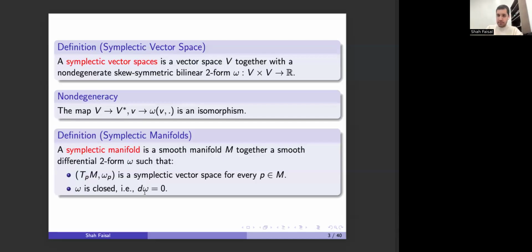Otherwise, it would give zero volume. So it gives you a non-trivial element in the second de Rham cohomology of M. And if you take the wedge product, then you get a four form, which is also giving you a non-trivial element in the de Rham cohomology groups.